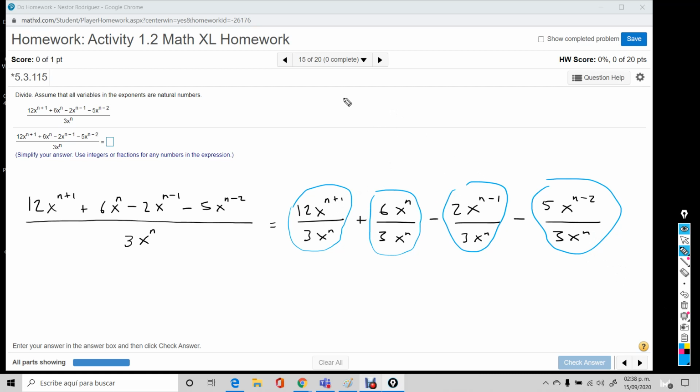If I do this, for example, x to the a over x to the 3. Let me write a instead of s, because it's going to get confused with a 5. You may be thinking, okay, how do I perform this?